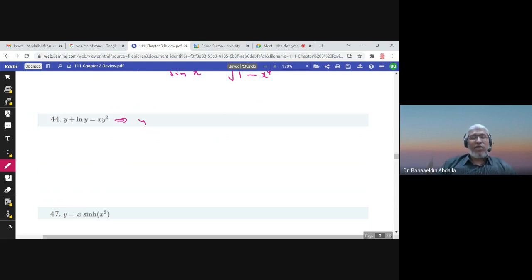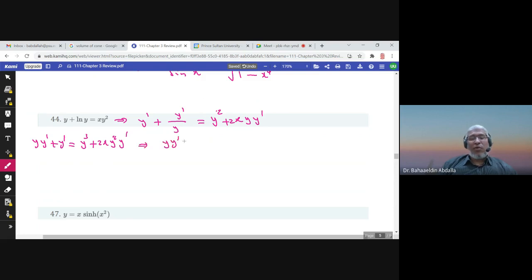Implicit differentiation: y prime plus derivative of ln y is y prime over y. Product: derivative of x is 1 plus x times derivative of y squared, which is 2y y prime. Let me multiply by y to get rid of the denominator. So I have y prime plus y prime equals y cubed plus 2x y squared y prime.